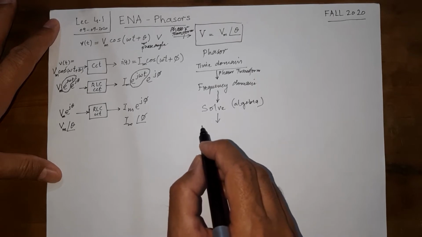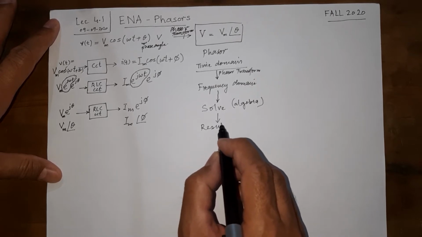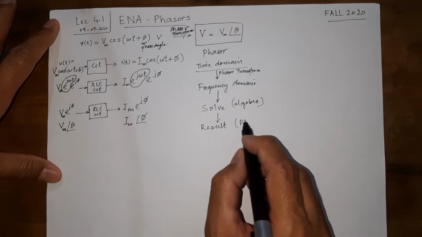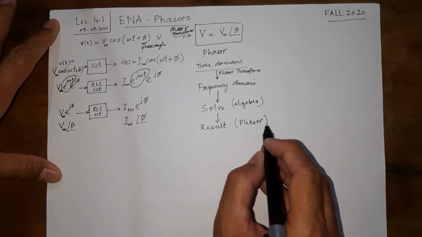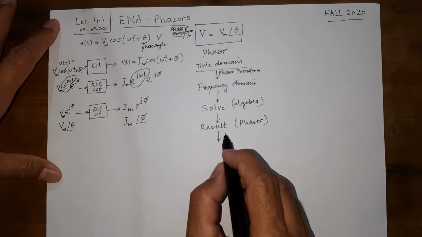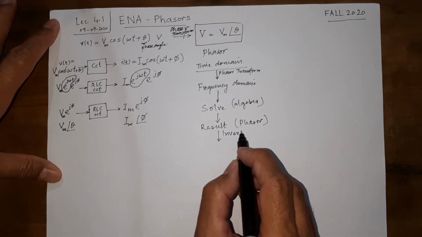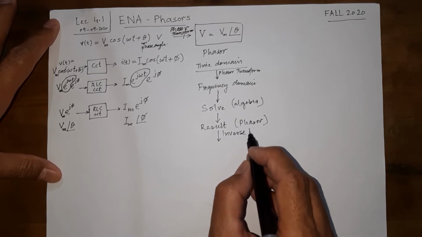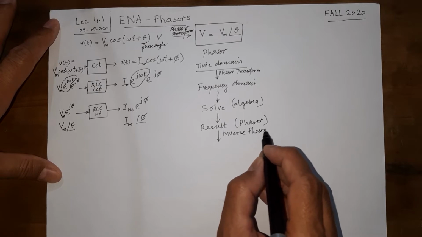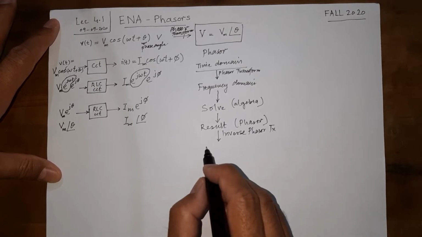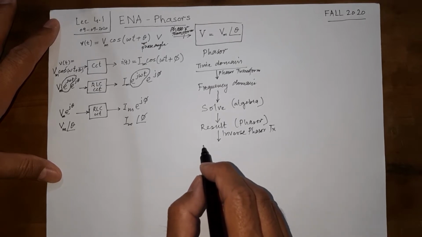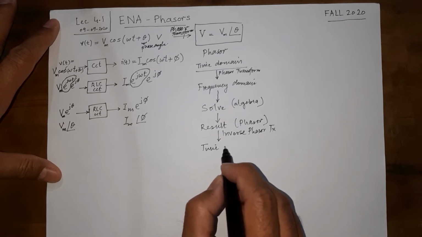Once we get the result, the result will be a phasor quantity, a current or a voltage, and then using the reverse process, the inverse phasor transform, we get the result back in the time domain.